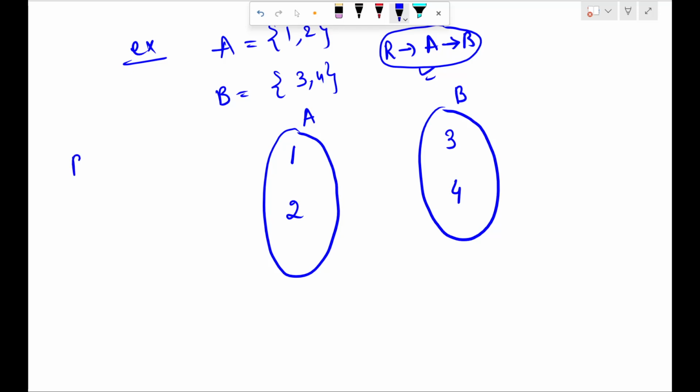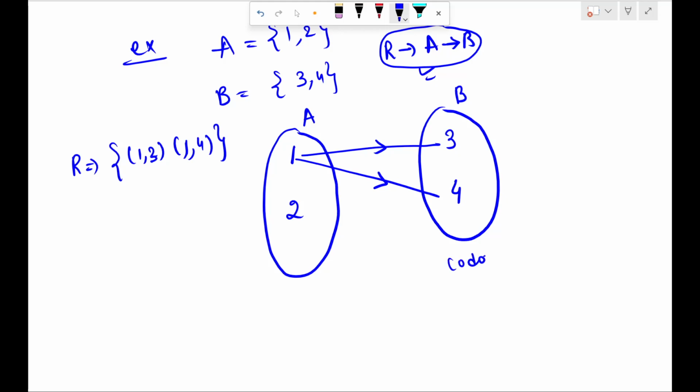And according to our relation above, we have ordered pairs 1 comma 3 and 1 comma 4. So we will match the pairs 1 comma 3 and 1 comma 4, where whole set B is a codomain, and this relation is a range, and this element is a domain.